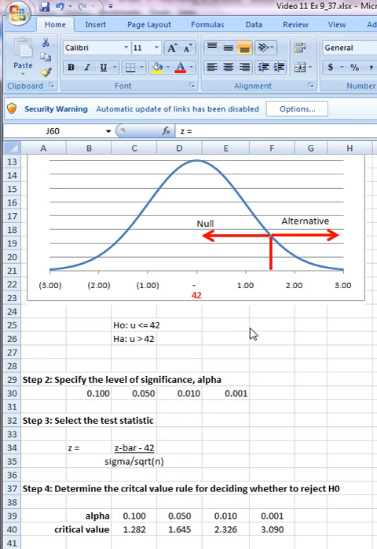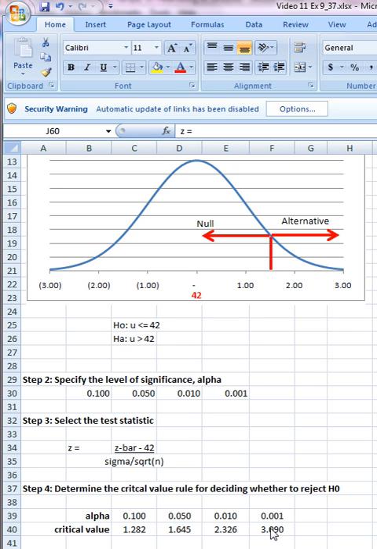If this is a life or death situation where being wrong is going to cost zillions of dollars or cause a patient to lose his or her life, then we better be 99.9% certain. But if it's just something we're casually interested in, 10% is good enough. And of course, the value of alpha determines whether we need to take a large sample or not. But what we're looking at here is a range of values from 1.282 up to 3.09.